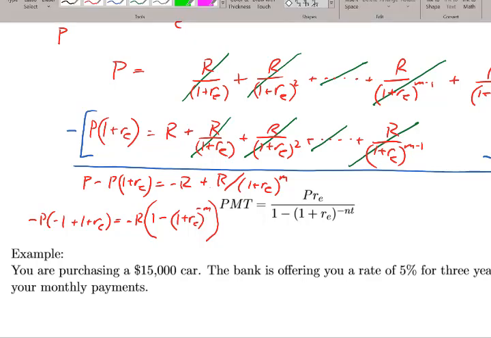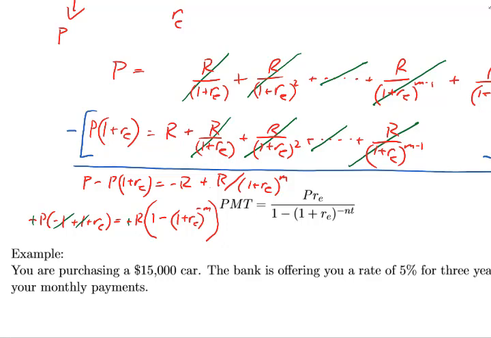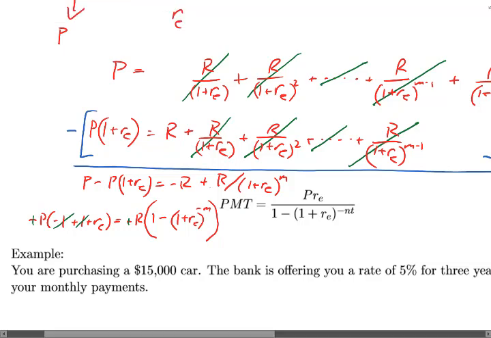So, notice what we have. Negative 1 plus 1. Multiply both sides by a positive to get rid of that. And on the left hand side, all we're left with is PRE.